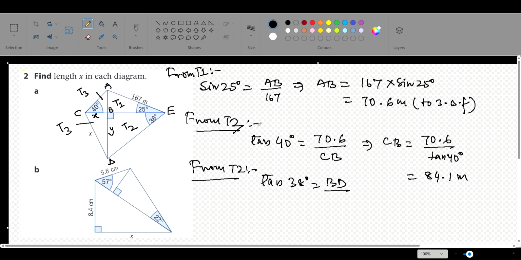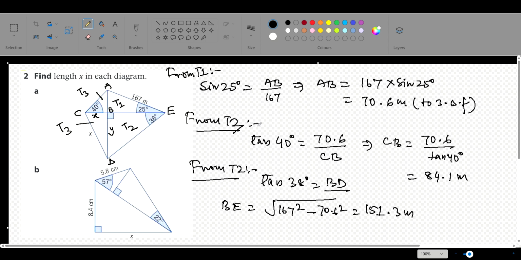Let's find out first BE. BE would be root under 167 square minus AB, which is 70.6 square, which is 151.34.